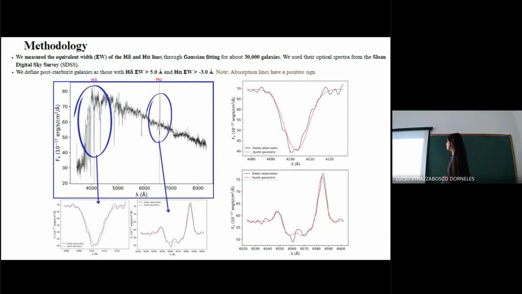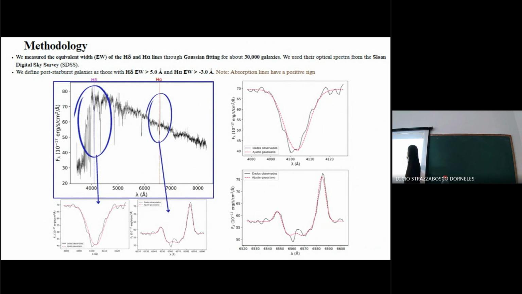Okay, the methodology of my work is we measure the equivalent width, which we call EW, of the H delta. This is the H delta line and the H alpha line. And we do this through Gaussian fitting.